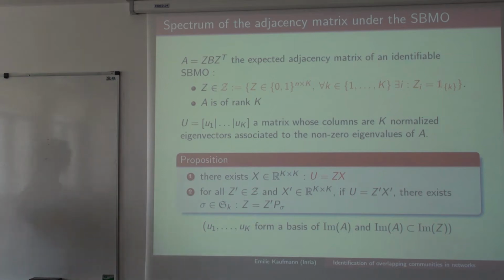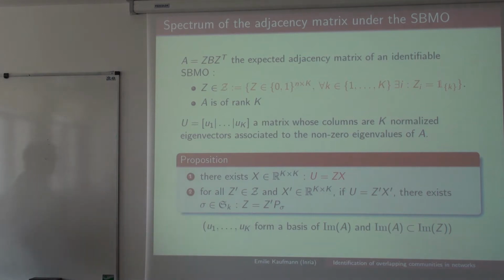And because B is invertible, we also know that A is going to be of rank K. Now, if we look at the same matrix as before, so the matrix U whose columns are the k normalized eigenvectors associated to the k non-zero eigenvalues of A. So A is of rank k, so it has exactly k non-zero eigenvalues.